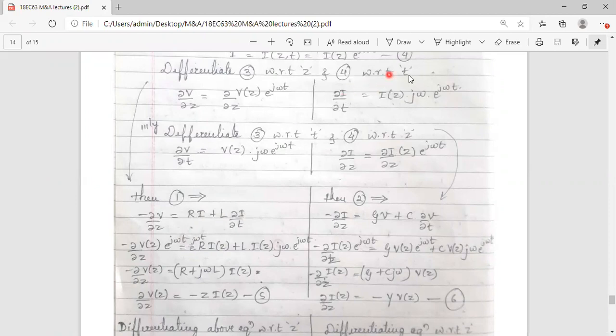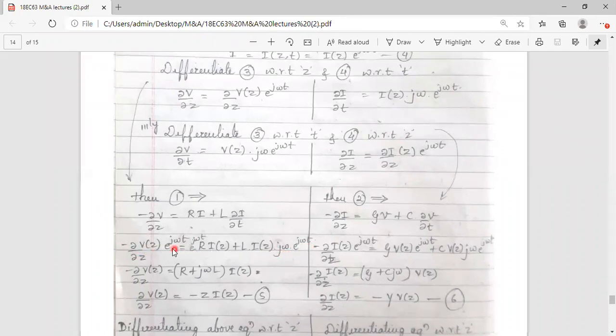Yes, equation 4, when I differentiated with respect to t. Just above it there are four equations, one for z and one for t, equation 3 and equation 4. So ∂I/∂t I have got like this: I(z) jω e^(jωt). This I can substitute here: L I(z) jω e^(jωt).